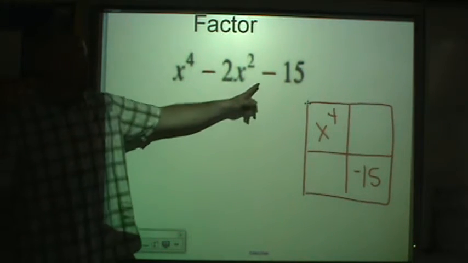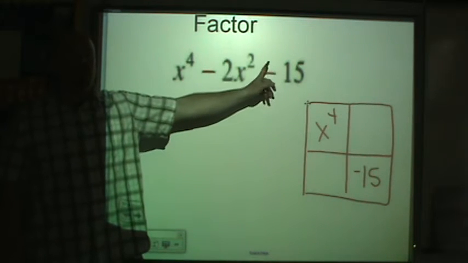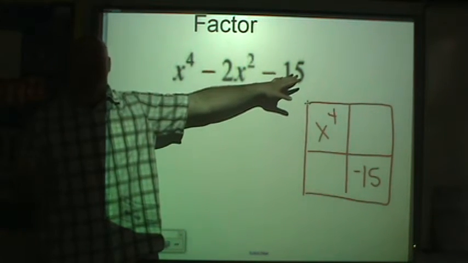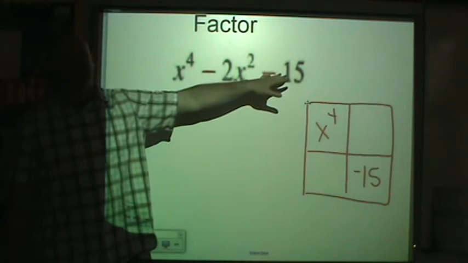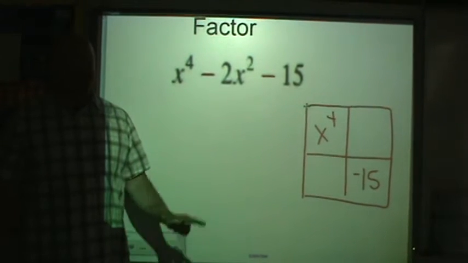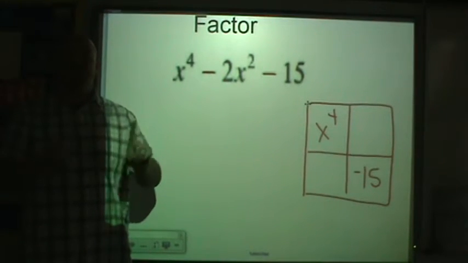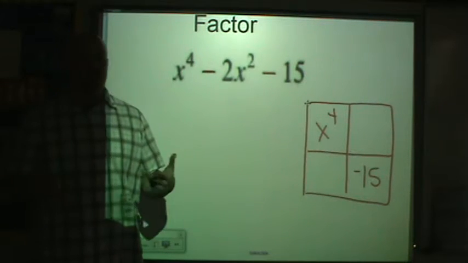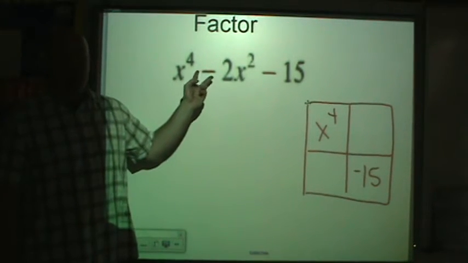You want to look at both of these signs. If the constant, the thing that doesn't have the variable, is negative, then of the two numbers that multiply to be that, one has to be negative and one has to be positive. The sum is negative.